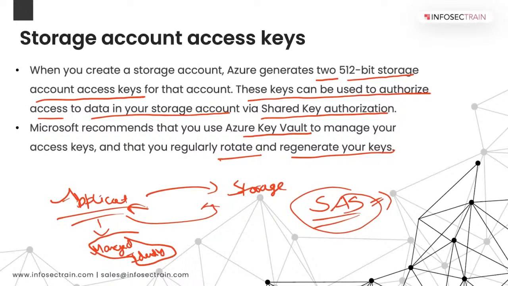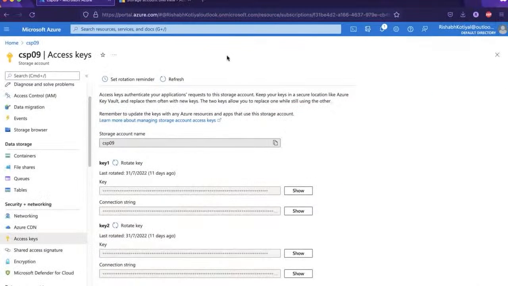And I always give one example here. When we are talking about the storage access keys that I was showing you, if someone wants to understand what they are, you can think that it is very similar to a root password for your storage account.